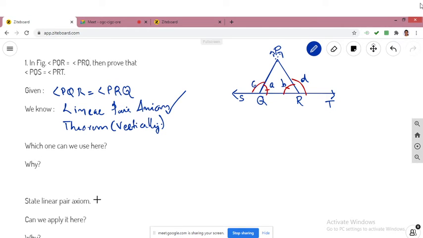When a ray stands on a particular base, then the sum of adjacent angles is equal to 180 degrees. Can you explain briefly, like you said that it stands on a base. What is this base? Here the base is QR, ma'am. Oh, ST. Okay, is it necessary that it should be a base?